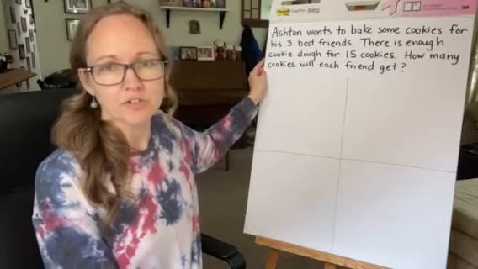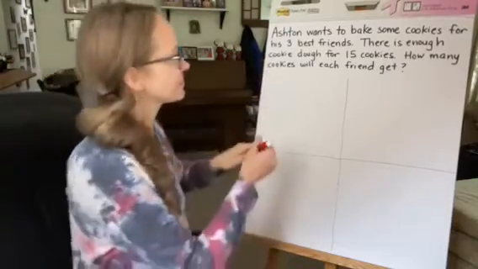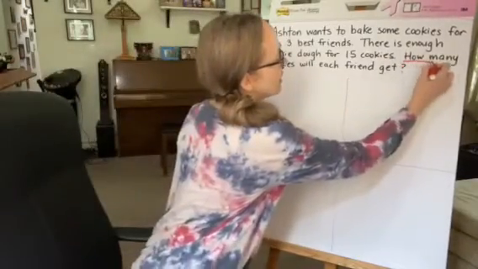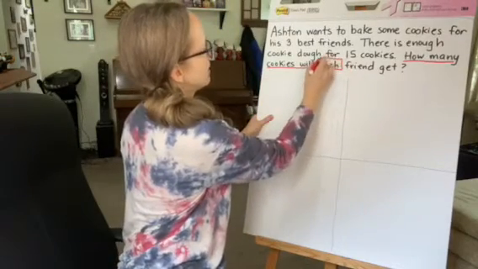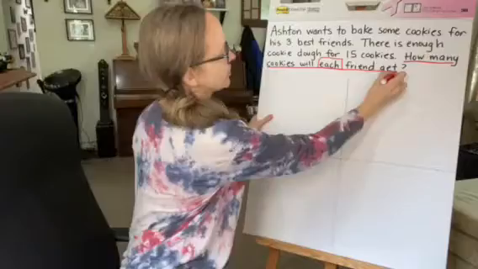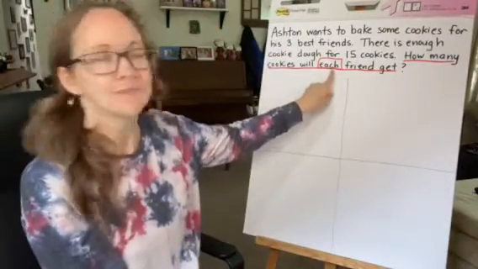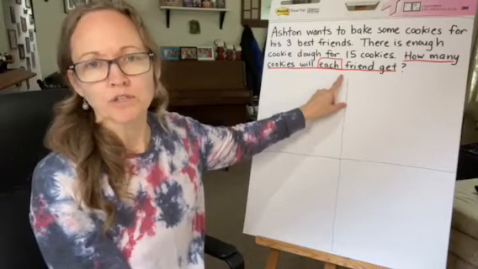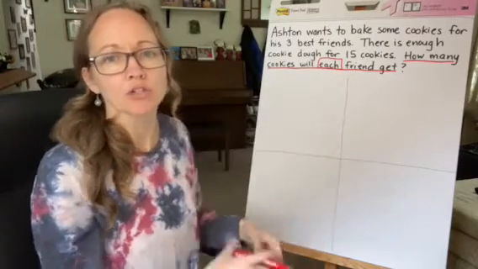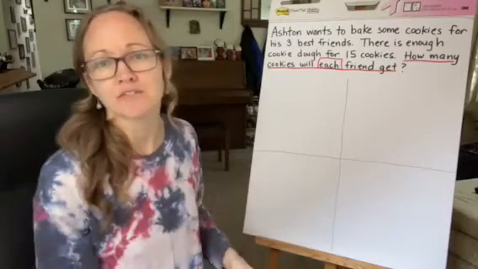All right, let's start first by identifying what is the question that's being asked. How many cookies will each friend get? Did you guys notice that buzzword? Each. When we talk about sharing, when we're talking about putting a larger sum into smaller groups, we're talking about division.